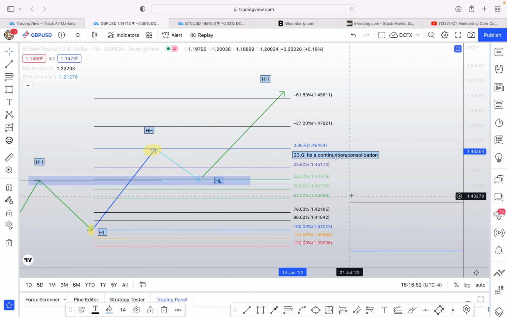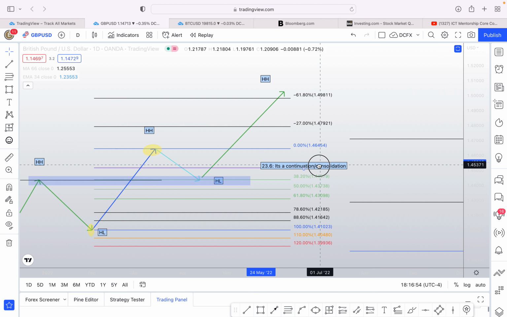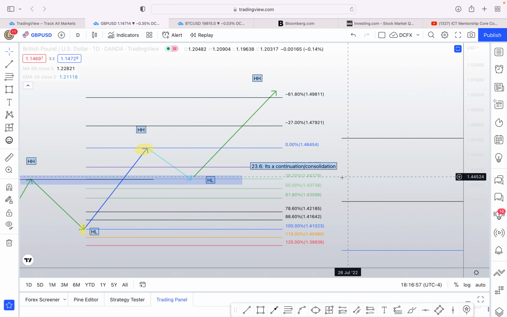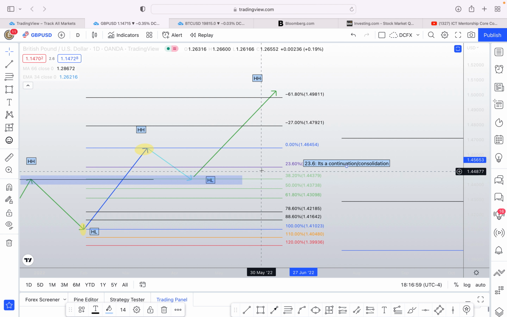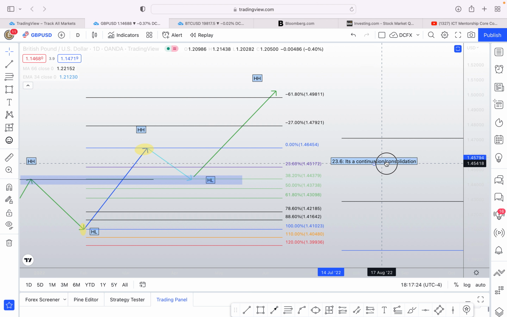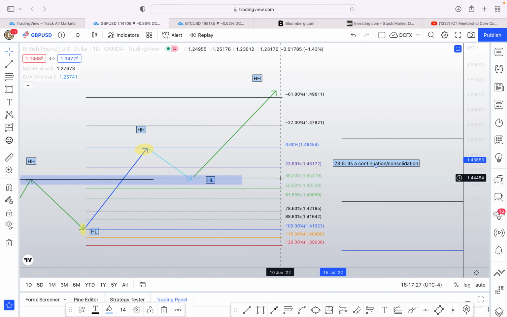I'll probably go into that in more detail later, but just know that when the market comes into a 23.6 ratio, it can do two things. It can either push off very violently into the upside, or it can just do sideways movement where it's not really going higher or lower. It's just maintaining the same level of support or resistance for a length of time. Okay. Next we have 38.2.